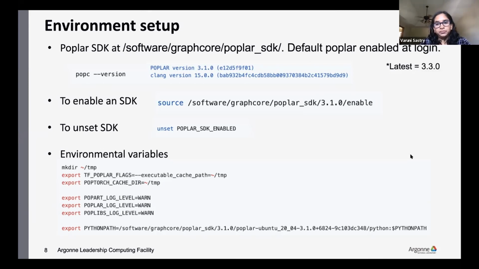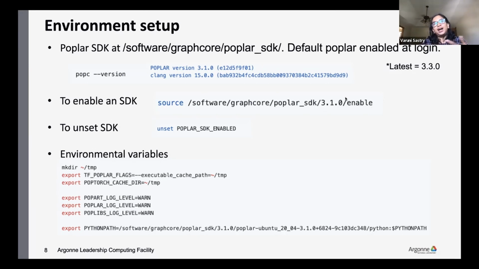Once the SDK is enabled, you can check using popc --version, and it will list which version of Poplar is being enabled. You can see an example on the screen. Another way to enable an SDK is to source the version of the Poplar SDK that you want.